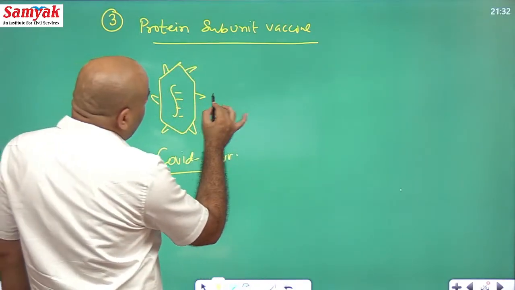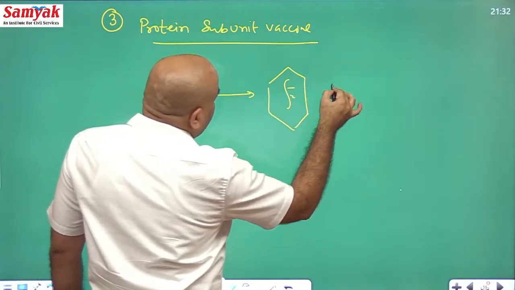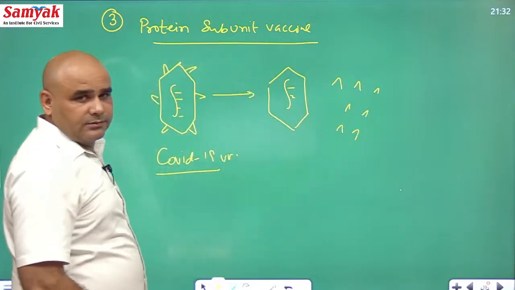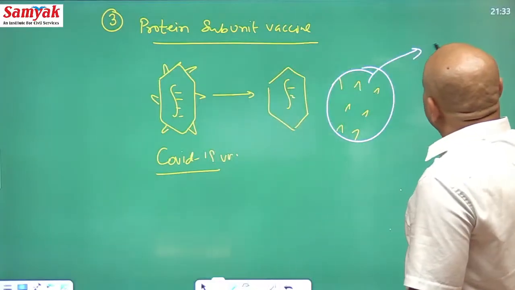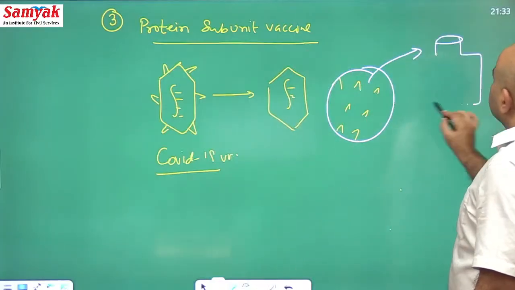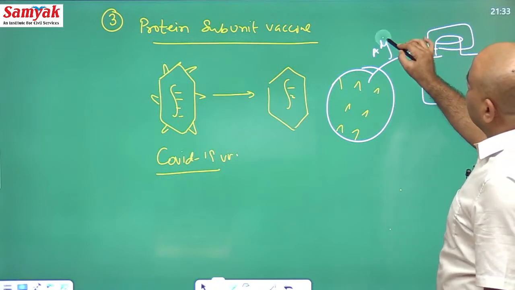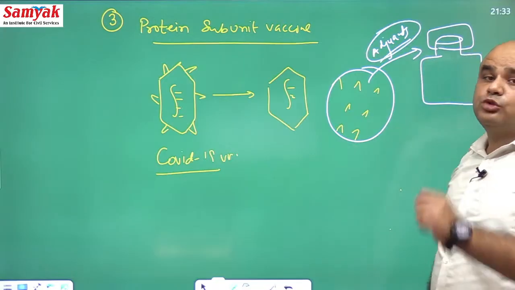Now what we will do, we will take out all the spike proteins of this virus. Now these spike proteins will be mixed with some chemicals, and the chemicals which are used to enhance the efficiency of a vaccine are named adjuvants.